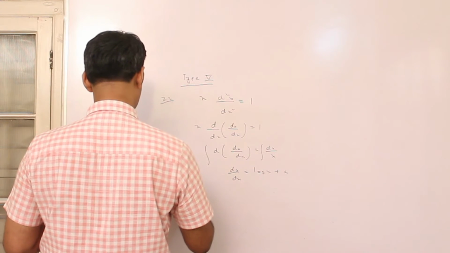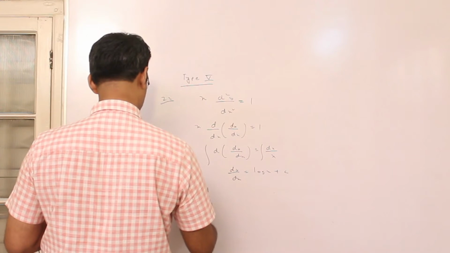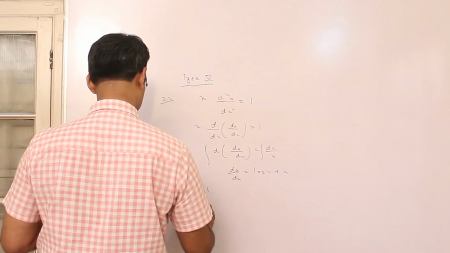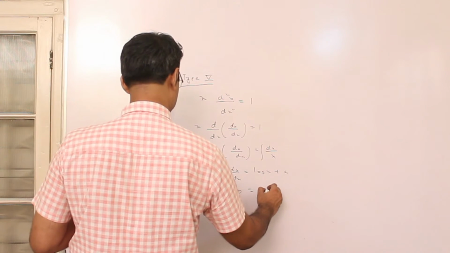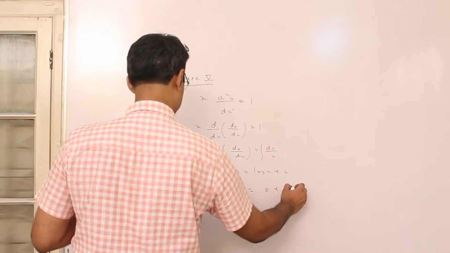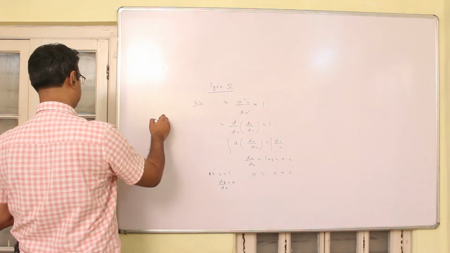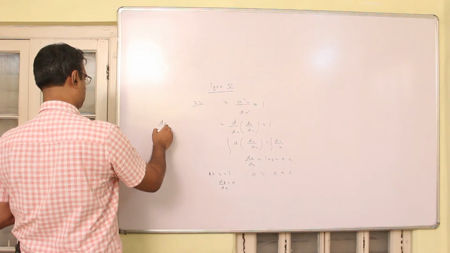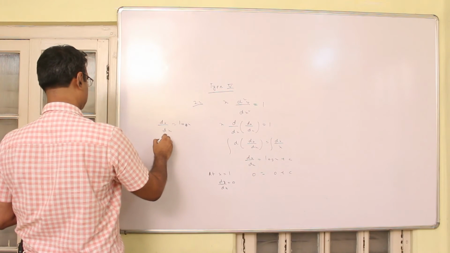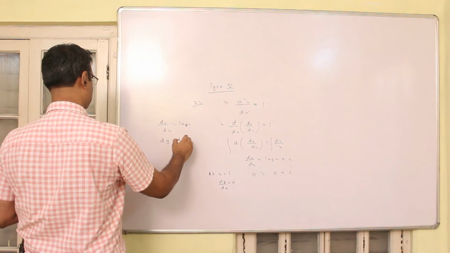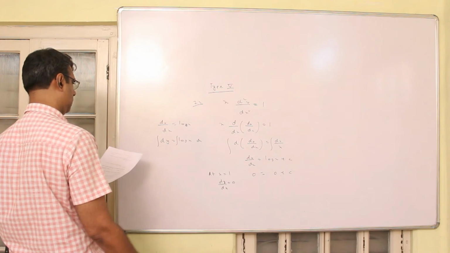Now if you put x equal to 1 and dy by dx equal to 0, then you will get c is equal to 0. After that, you get dy by dx equal to log x. So dy is equal to log x dx.